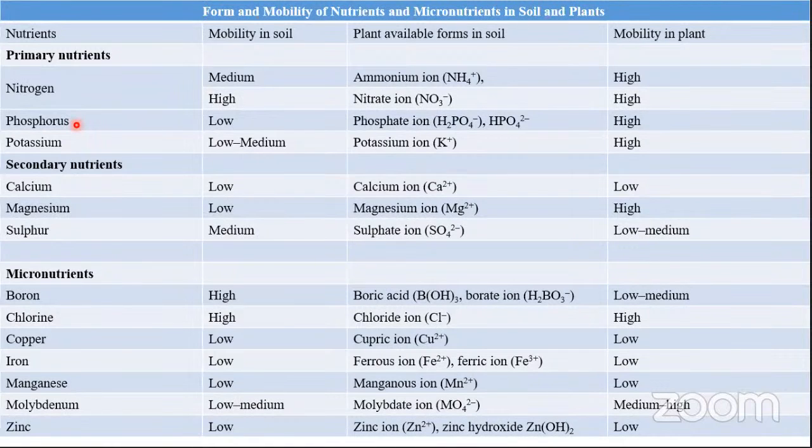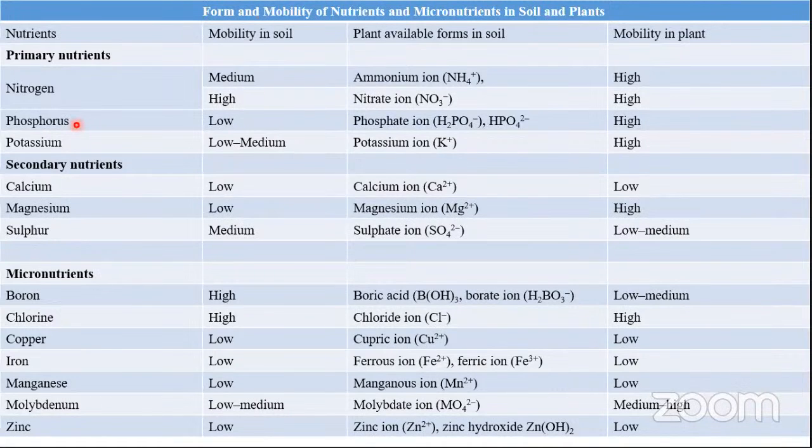So what will happen when there is a pH drop? If the pH has gone to 4 or 5, the aluminum concentration is very high, and the iron concentration also increases because of the acidic nature of the soil. So the phosphorus will fix with iron and aluminum, converting to aluminum phosphates and iron phosphates.